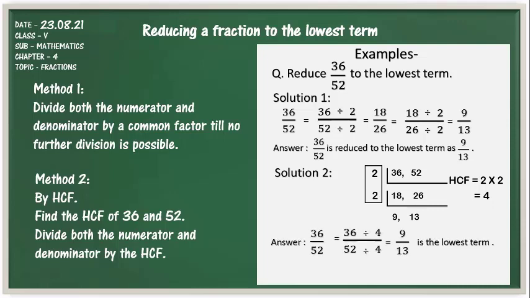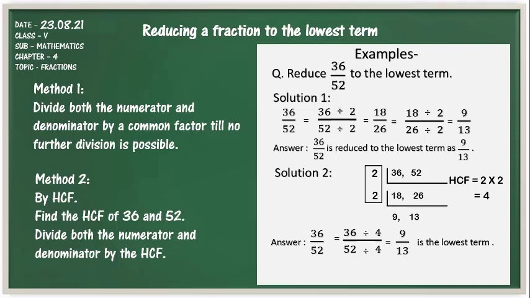Now let's divide 36 by 52 by 4 upon 4. And it will give us the answer as 9 by 13, which is the same as the above answer. And it's the lowest term of 36 by 52. Both the methods are easy. Whatever is convenient for you, you can follow it.